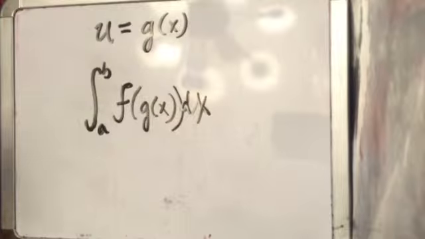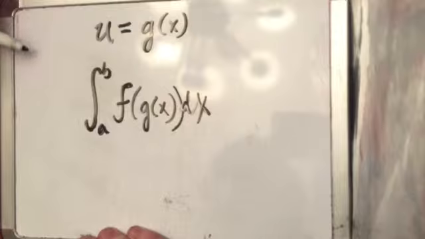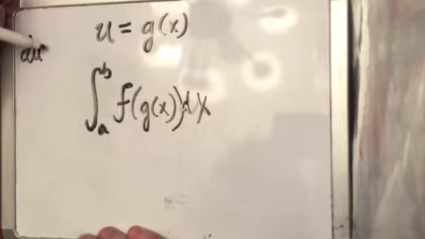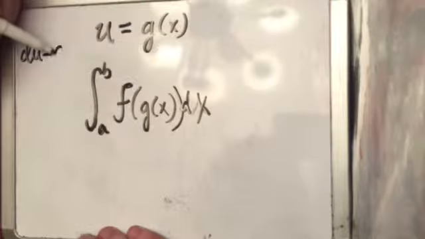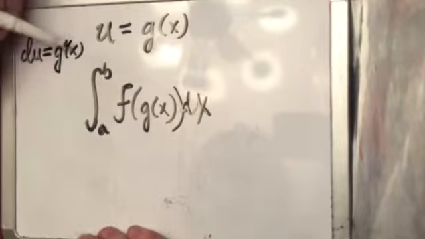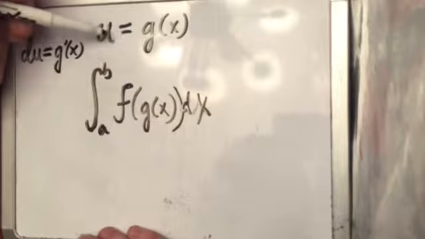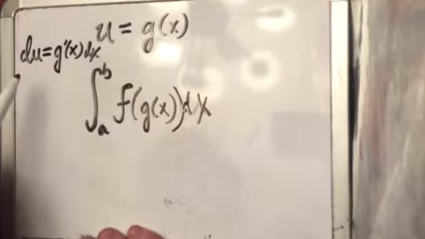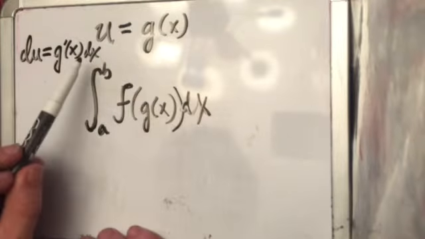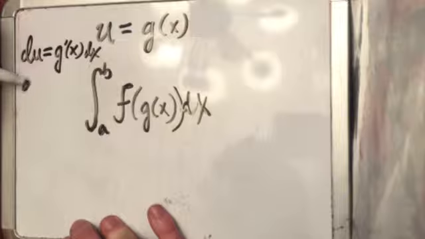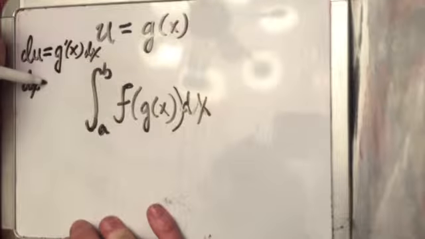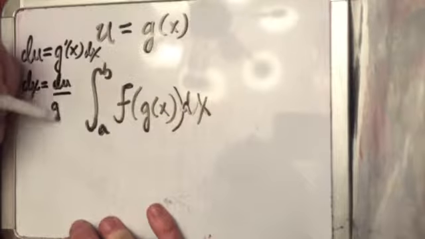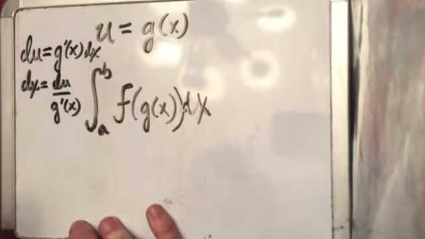Next you want to take the derivative of this function, so you can compute du. So du equals g prime of x times dx. By doing so, you can find what dx is and take that out of the equation as well. So dx equals du over g prime of x.